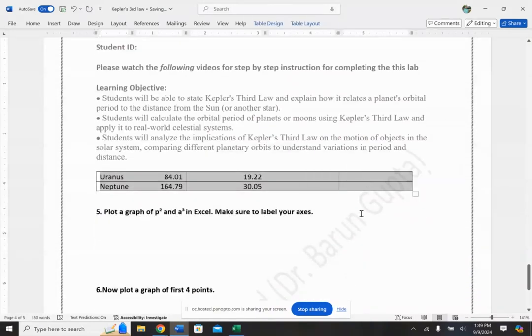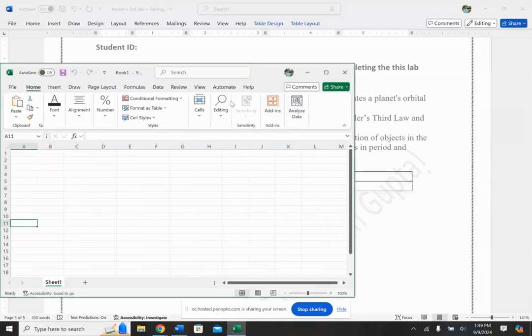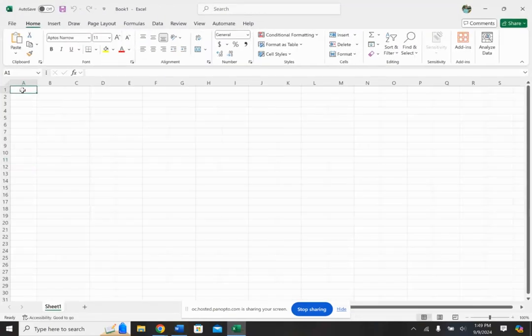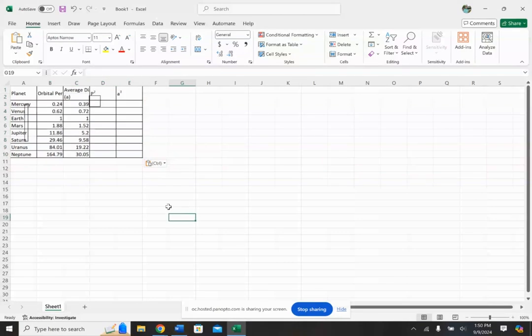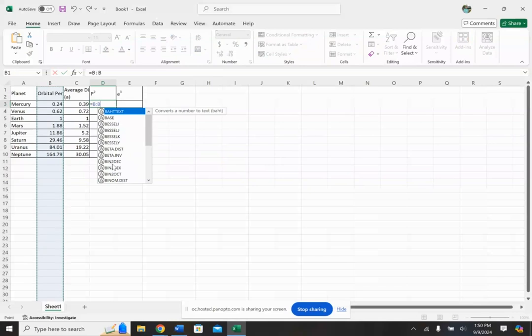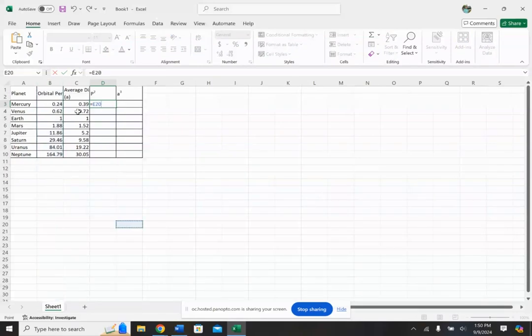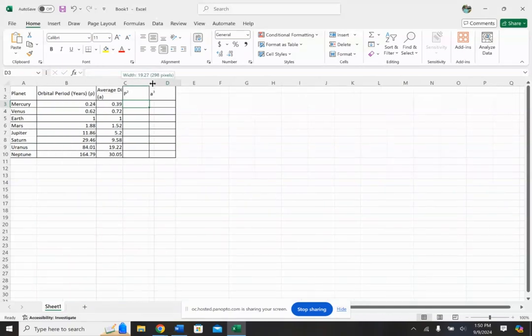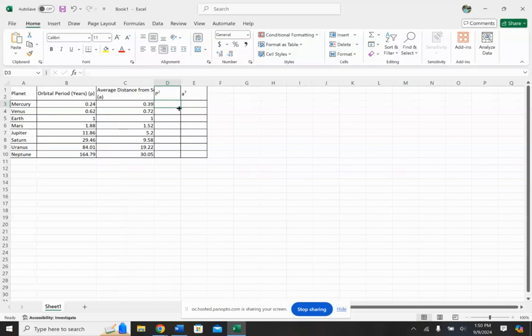Let me copy. I simply copied this one, and I'm going to paste it here. So I have Mercury, and then I come over to this cell here, simply click, type is equal to, make it a little bigger here so that you can see. Okay, and now come back here again, put is equal to and the square.